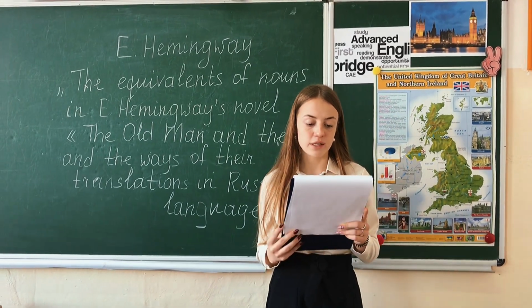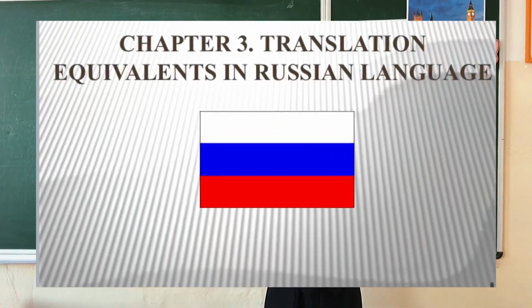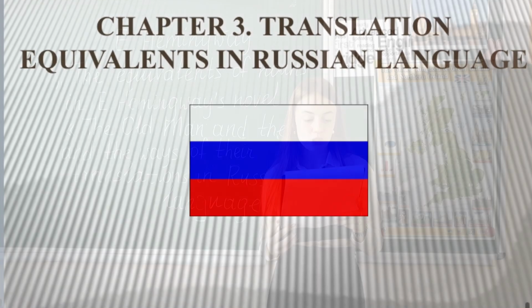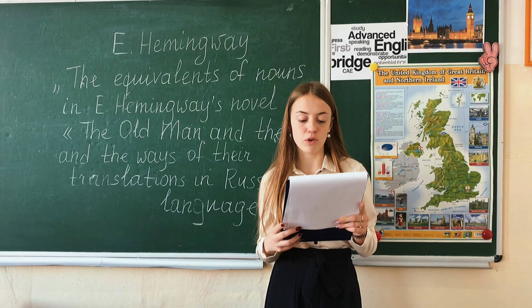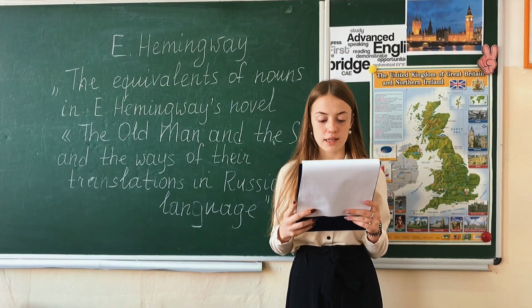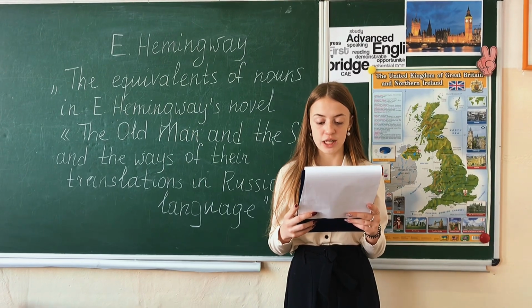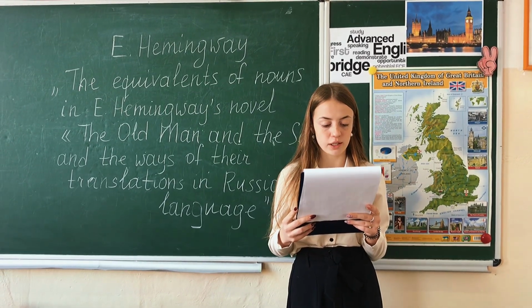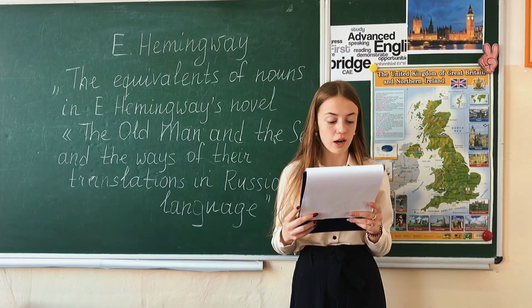Chapter 3. Translation equivalents in Russian language in Ernest Hemingway's novel The Old Man and the Sea. A general survey of the nouns selected from the English text The Old Man and the Sea. Among the nouns that I selected from the English text, there are names of concept, object, and abstraction, and synonyms.